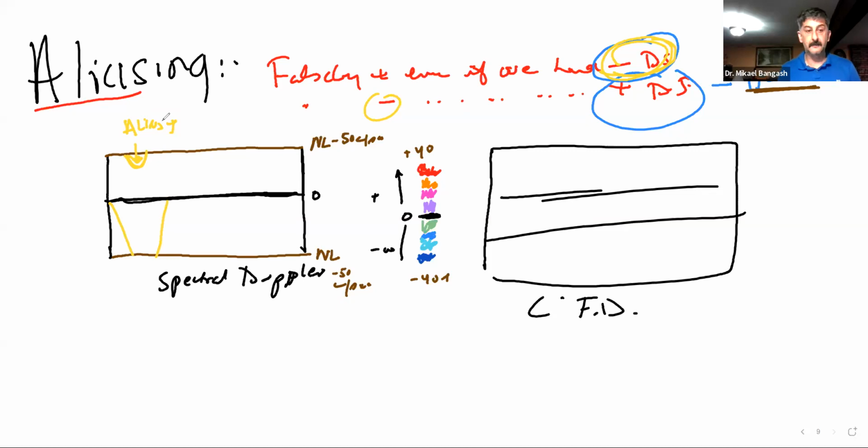Or likewise, if you had a positive Doppler shift, we will see a falsely negative Doppler shift.